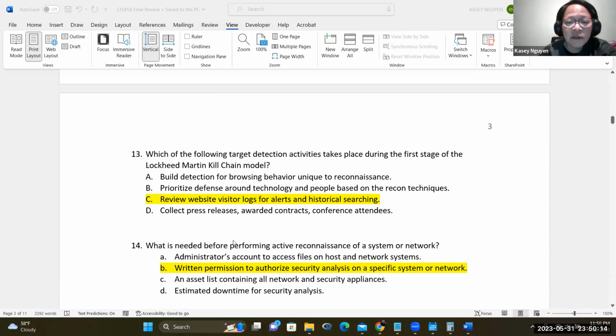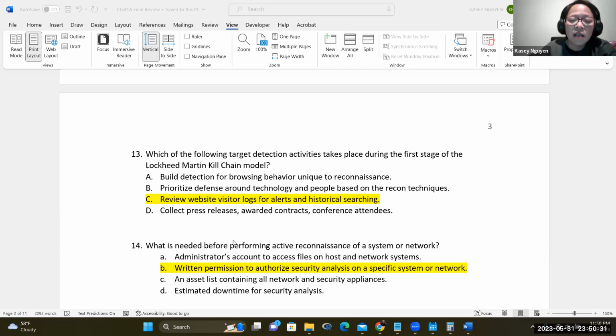13, which of the following target detection activities take place during the first stage of the Lockheed Martin kill chain model? We need to select C for this question. And C tells you to review website visitor logs and alerts, historical searching.